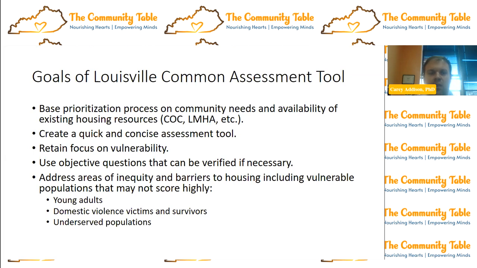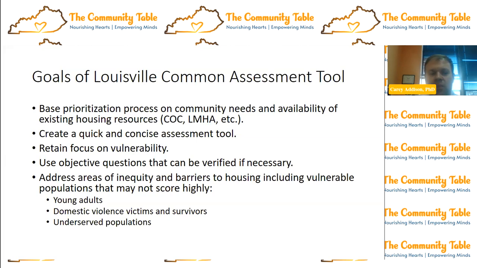Of course, retaining the focus on vulnerability, but trying to use more objective questions, things that if we feel like we're getting a lot of over-reporting about things, we could go back and verify them if we needed to. And then addressing areas that may not have applied equally for underrepresented populations.